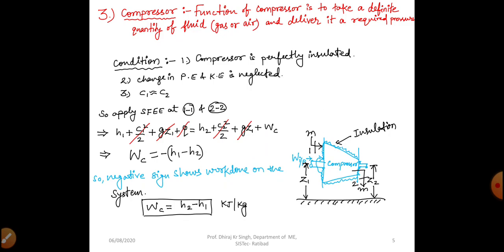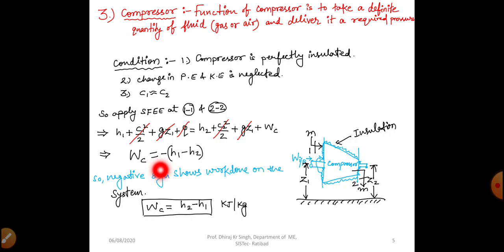It is written mistakenly as GZ1, this point is GZ2, okay. So finally after solving it, we will get the expression of compressor work.